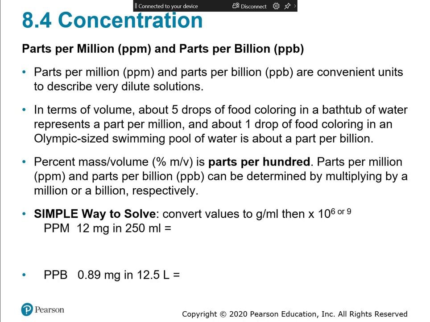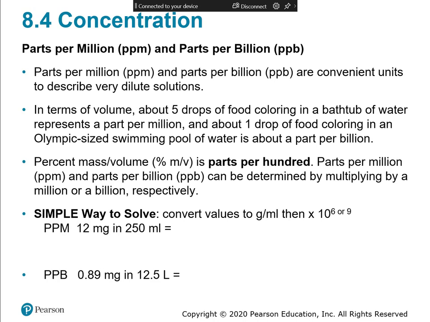These are very small amounts, but there are some compounds and even some elements that in very small amounts can have toxic effects on the body. So parts per million and parts per billion are most commonly used to talk about how much they have compared to what maybe is a safe level.